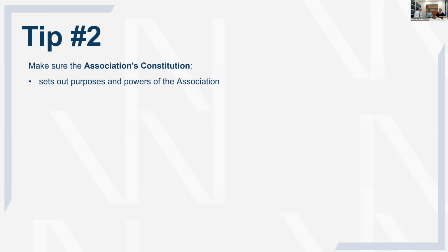I have seen situations where, from the Constitution, it looks like the association is a completely different organisation from the one that actually carries out the activities. So have a look at that. The Constitution should be modern and up to date, and Vass has already made mention of things like making sure that you can have meetings using technology.